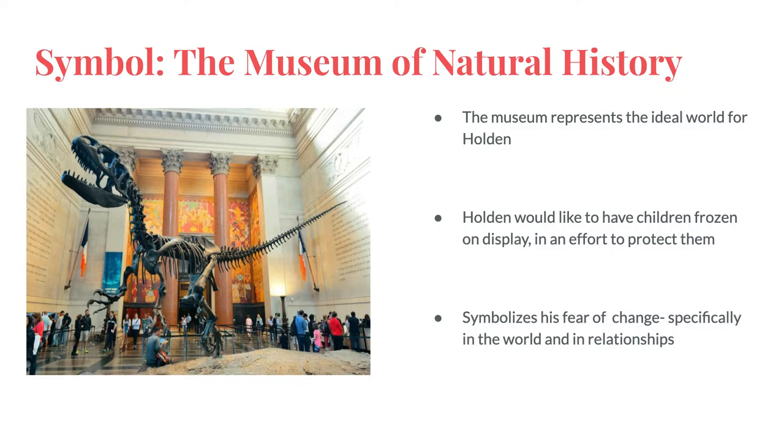He wants to live in a museum where nothing changes and everything is simple and understandable and easy. He even wants to take the children and put them in these museum displays so that they just remain the same. This very much symbolizes his fear of an unpredictable world and unpredictable relationships.